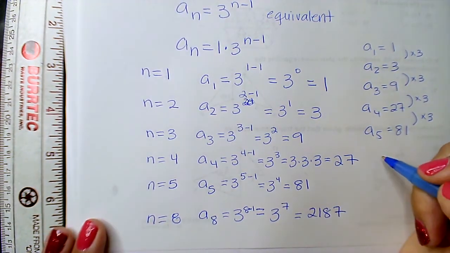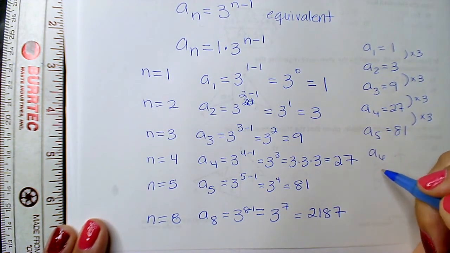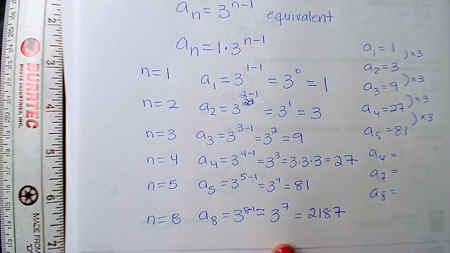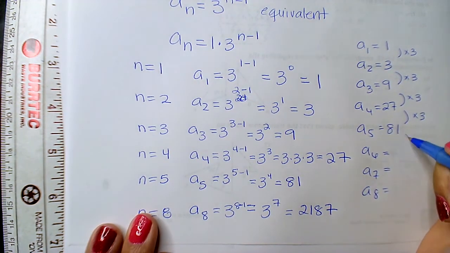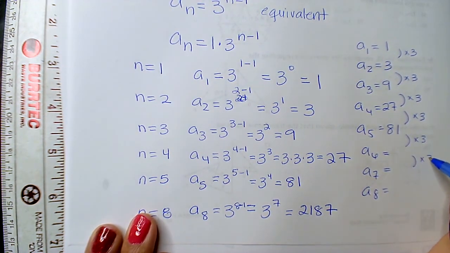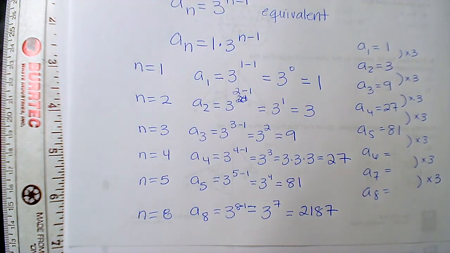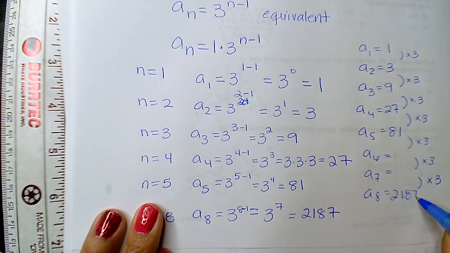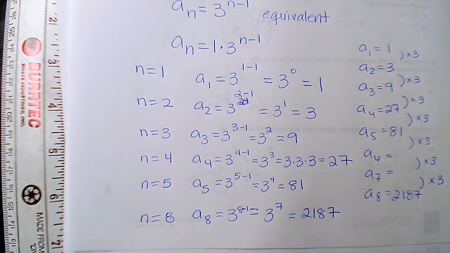Or you could have just gone a to the 6, a to the 7, a to the 8. I mean, once you understand the efficiency of it, you're just going times 3, right? That's what common ratio means, right? Okay, I'll leave it here. I'll stop the video.